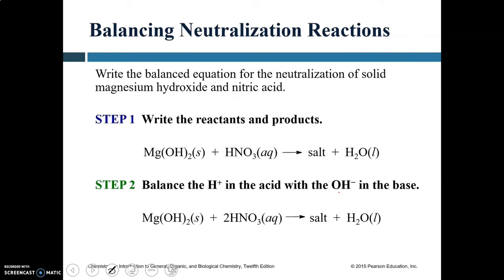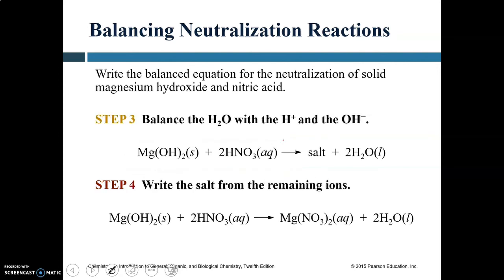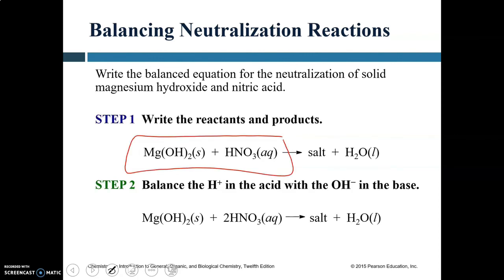So how do we balance the equations for neutralization? For instance, we take here magnesium hydroxide reacting with nitric acid. First we balance the hydrogen in the acid with the hydroxide in the base.